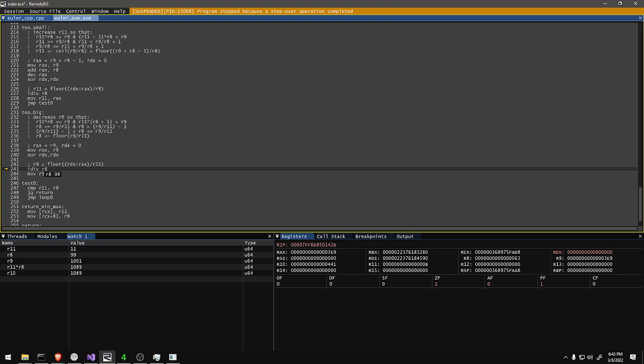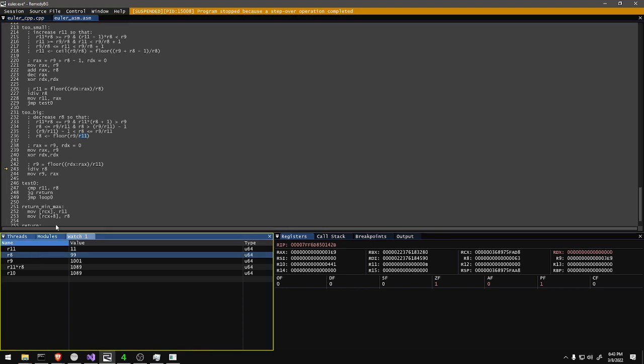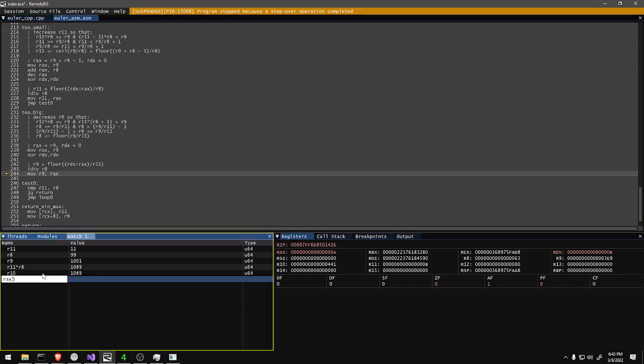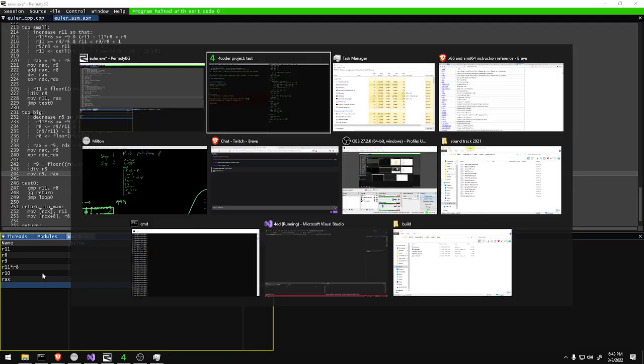RDX. All right, we divide R8 out. That's supposed to be dividing R11 out, right? Yeah. So that's going to set this to low.